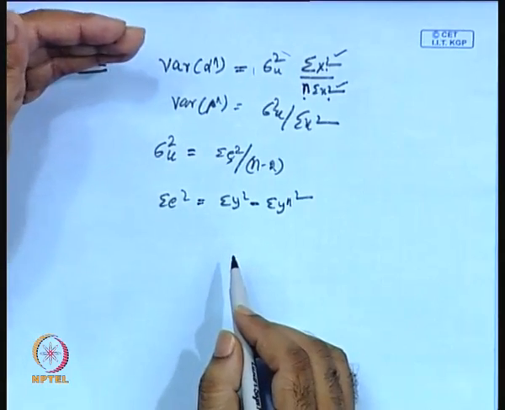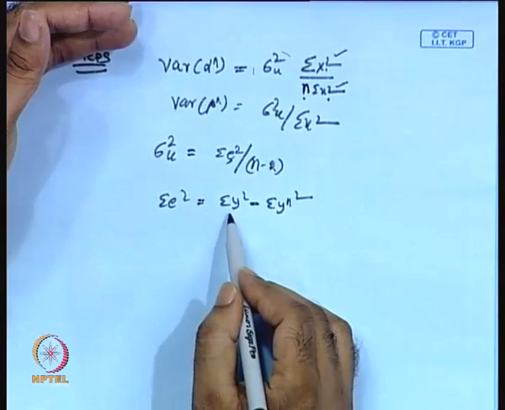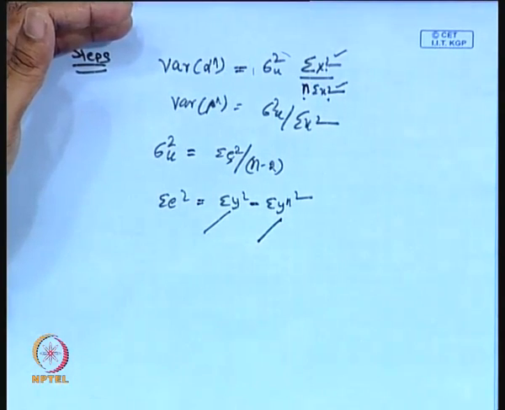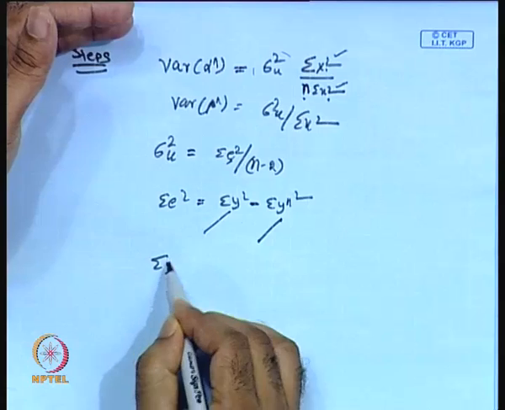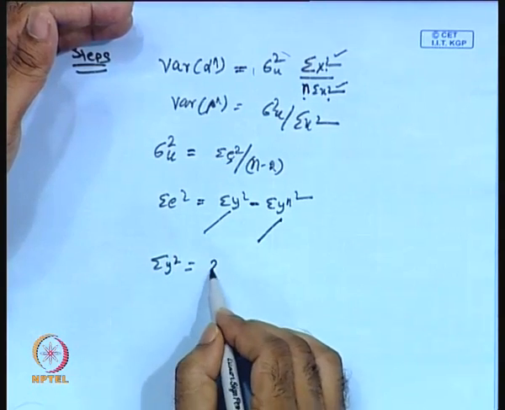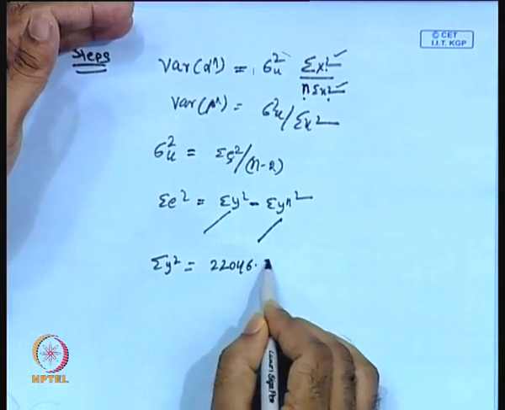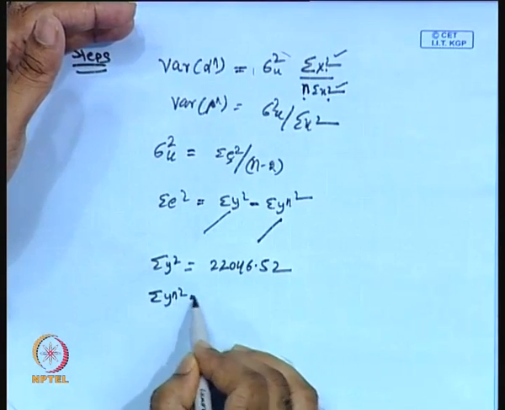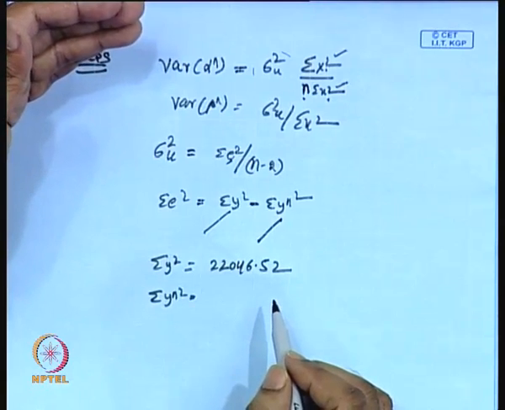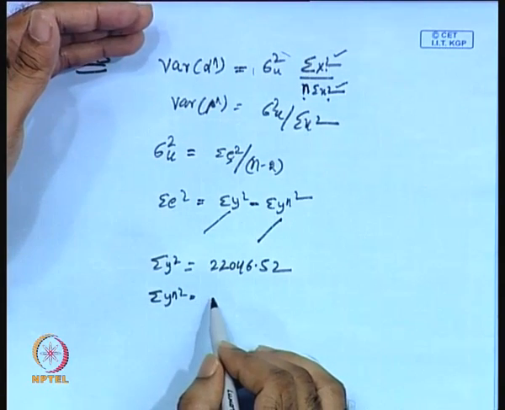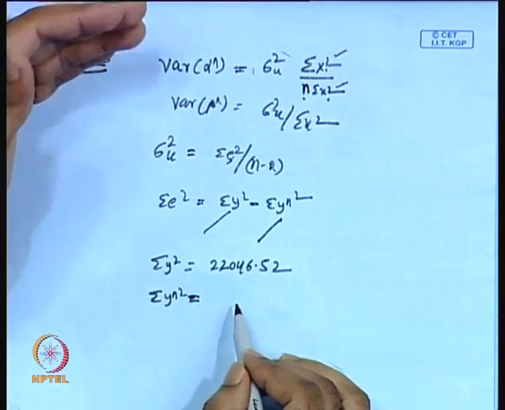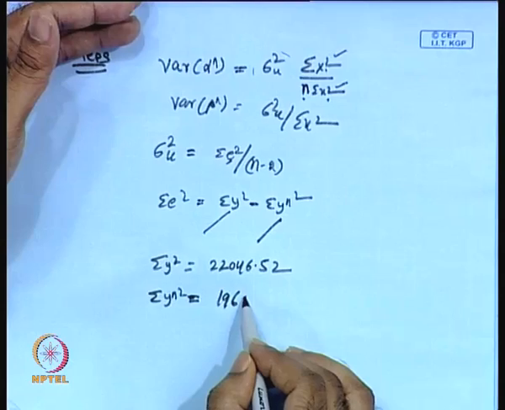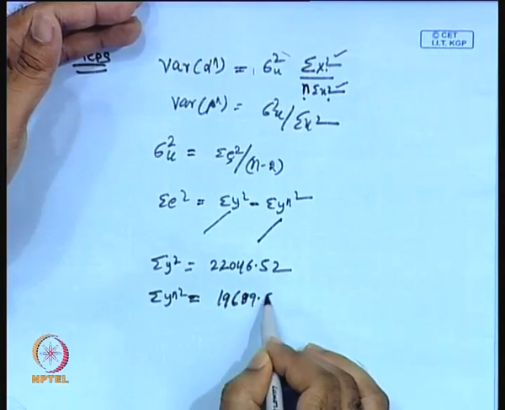So, what is our agenda here? We like to know first what summation y square and summation y head square are. By calculation, summation y square is 22046.52, which we have already calculated. Then summation y head square is beta head square summation x square, which is 19689.84.